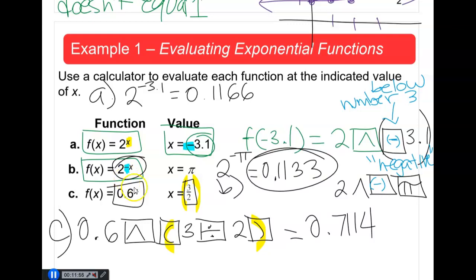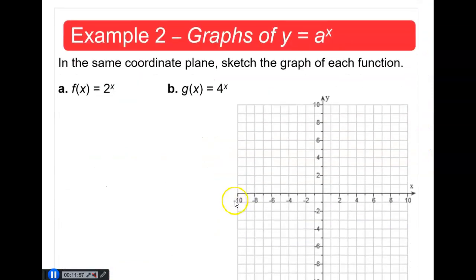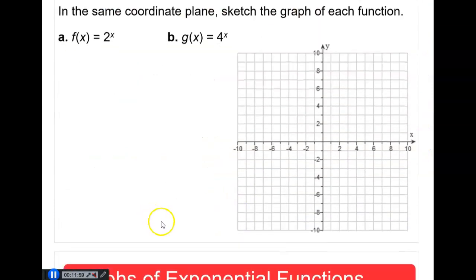Okay, so let's move on. And what we're going to do next is we're going to graph in the same coordinate plane. We're going to graph 2 to the power x, and then we're going to graph 4 to the power x. And so what we're going to do is just construct a table. It is pretty simple.